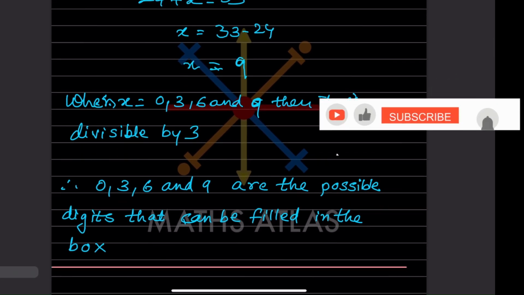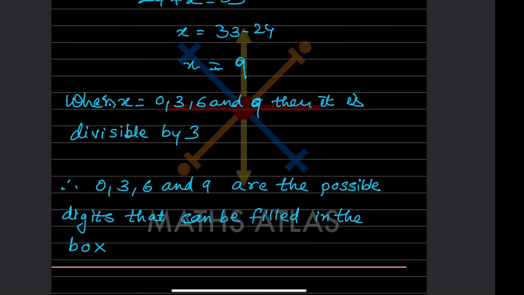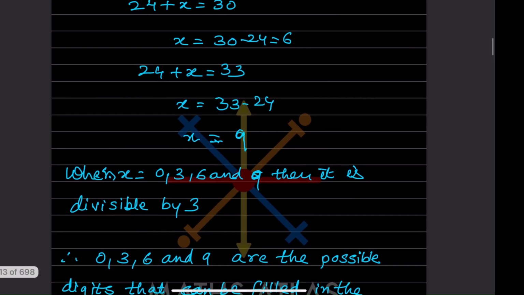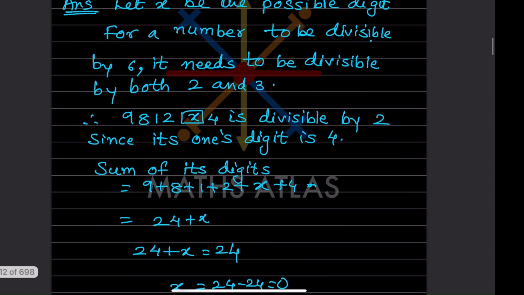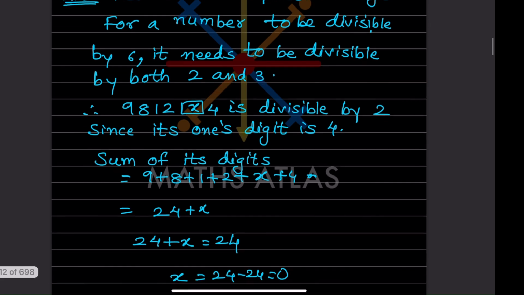So 0, 3, 6 and 9 are the possible digits that can be filled in the box. Later on you can also check these numbers. You just divide and see, by putting these numbers, whether it is divisible by 2 and by 3, both of them. That is to recheck.